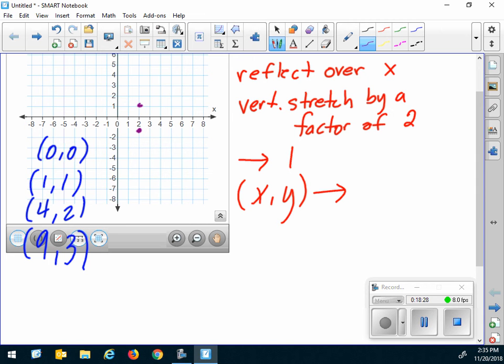I got a vertical stretch by a factor of 2. What do you do with the y value? Multiply that by 2. Do you do anything to the x? No. And then the right 1, I add 1 to the x value. So there was only one thing we did to x, wasn't it? X plus 1 and -2y. There you go.